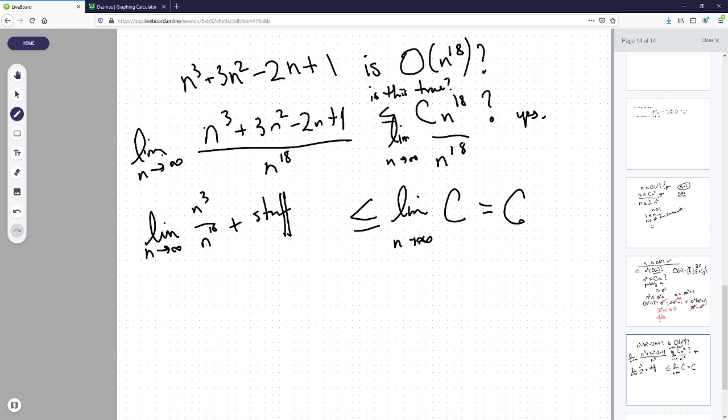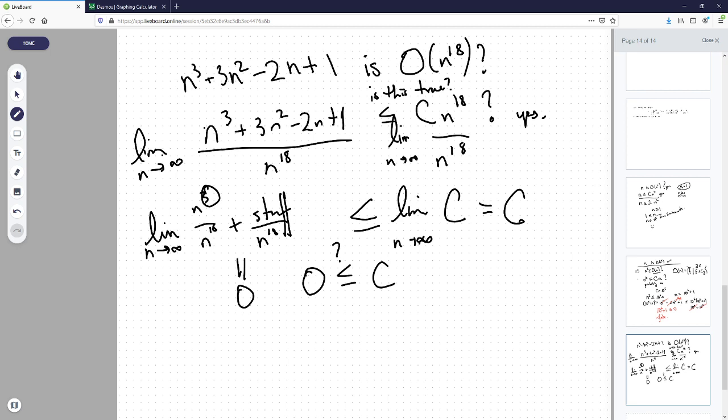I guess really what I should say is that n cubed has the best chance, of all of these terms, of at least giving you a non-zero limit. So what you see here is that eventually this limit is 0, and this limit is c. So is 0 less than or equal to c?